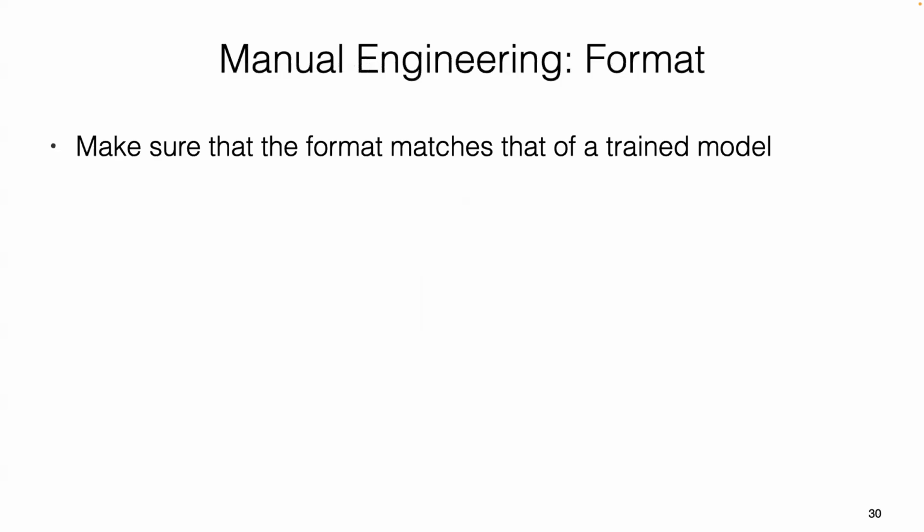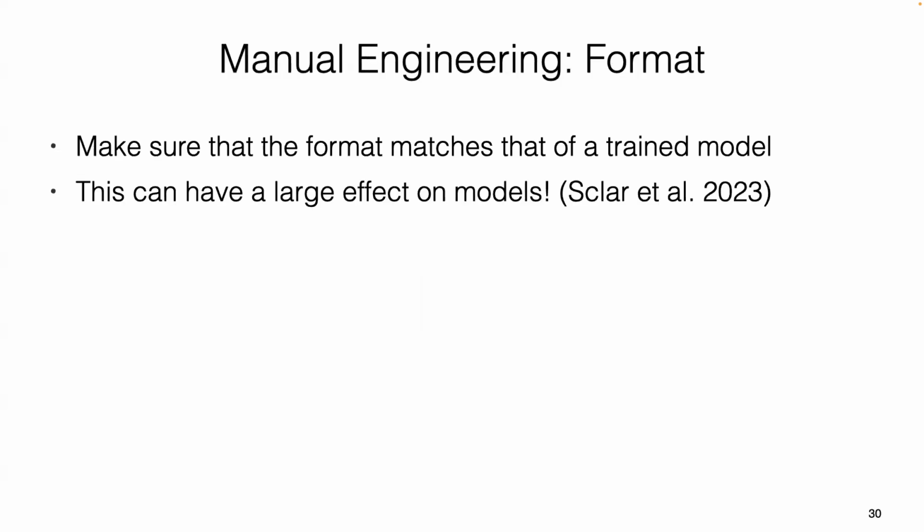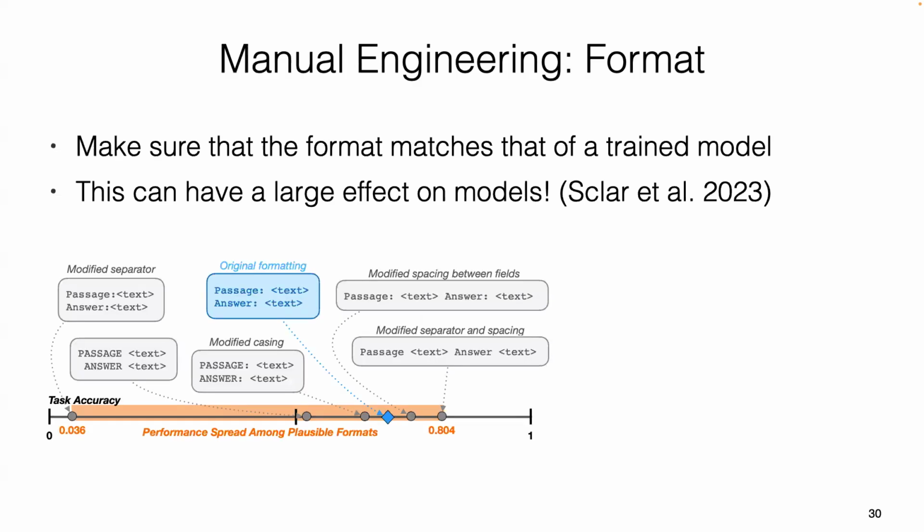In terms of manual engineering, one thing to do is make sure that the format matches the one from the trained model. There was this paper here, and they showed that slight differences in the formatting, like here they have passage colon text versus passage colon space text, could produce different variations.